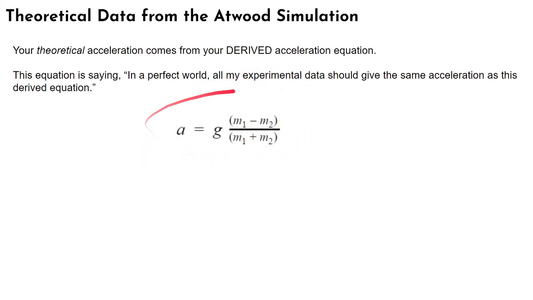This equation says that in a perfect world, all of my experimental data should give the same acceleration that this equation spits out. This theoretical acceleration is based on the masses you start with and gravity. So this is your theoretical acceleration value.